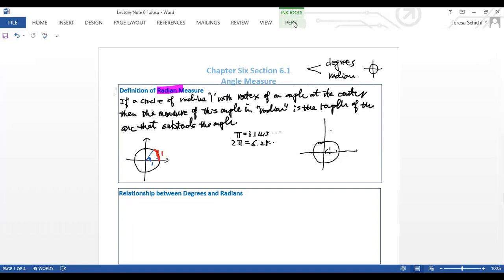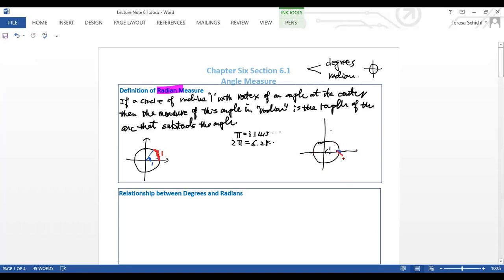If you start here and use scissors to cut this circle, think of the circle as a rope.